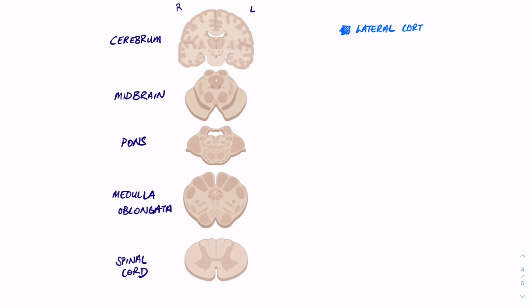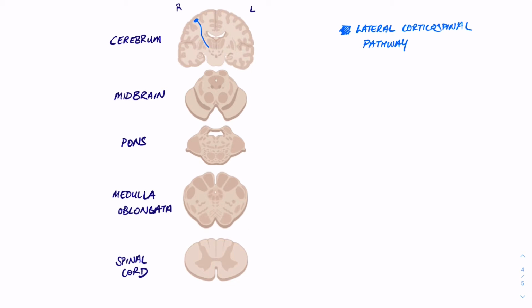Let's trace this one in blue. So the lateral corticospinal pathway in blue here, we start at the cerebrum, let's start on the right hand side, and that's where that signal originates. So this region here will correspond to the hand and feet region of the motor homunculus on the primary motor cortex.